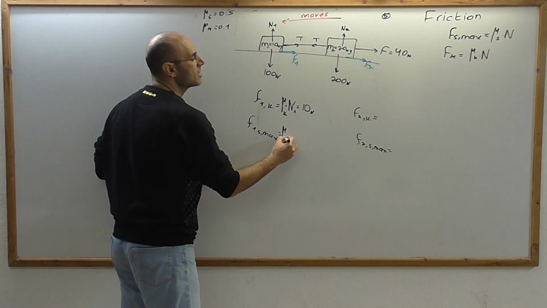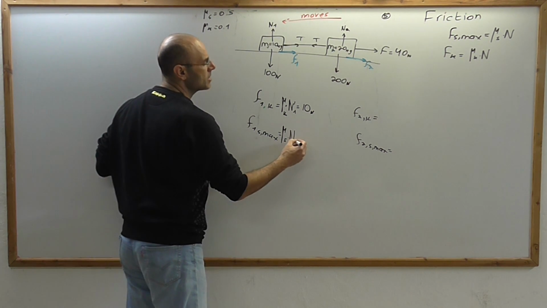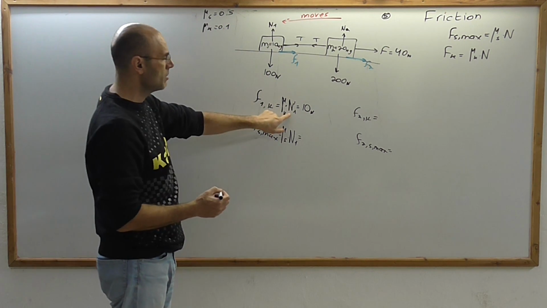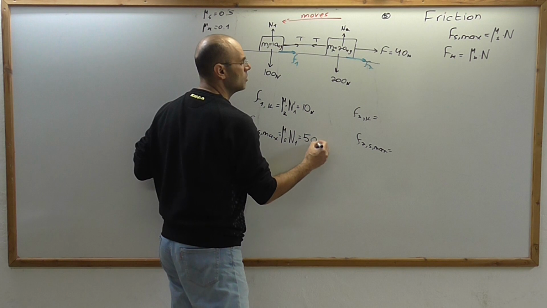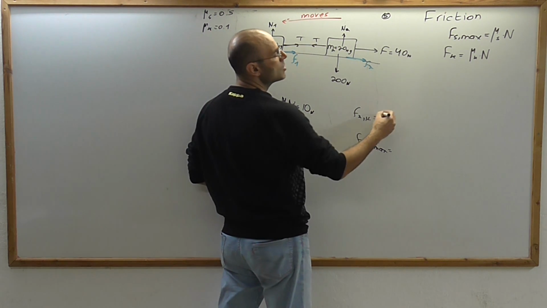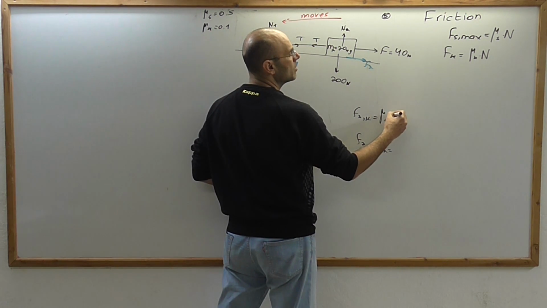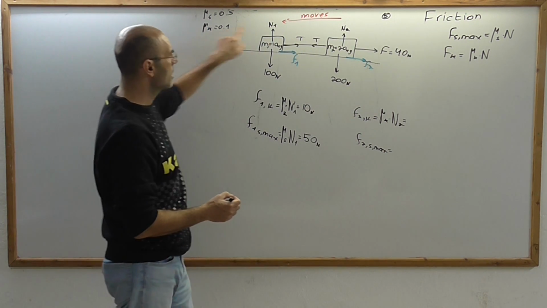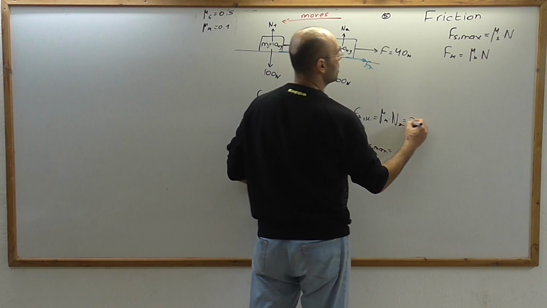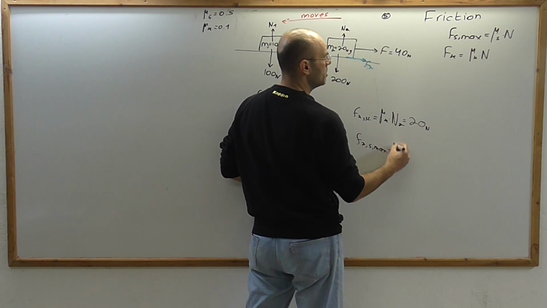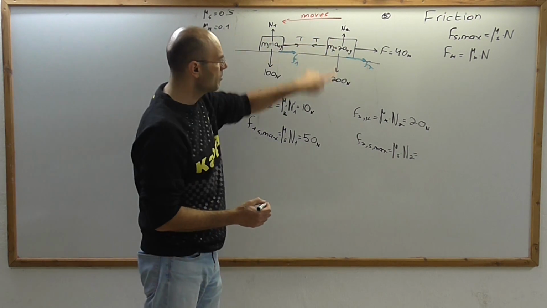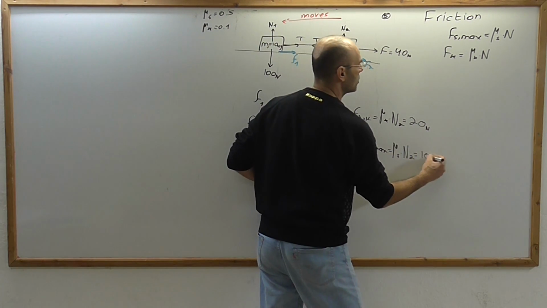This one will be mu static times N1, which is 0.5 multiplied by 100, which is 50 newtons. This will be mu kinetic multiplied by N2. Mu kinetic is 0.1 multiplied by 200, which is 20 newtons. And this will be mu static multiplied by N2. Mu static is 0.5 multiplied by 200, which is 100 newtons.